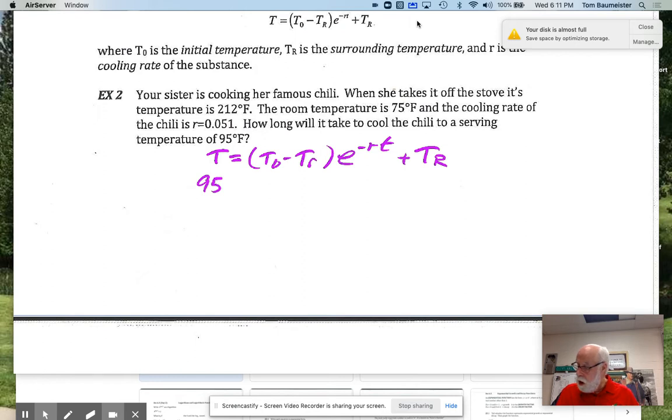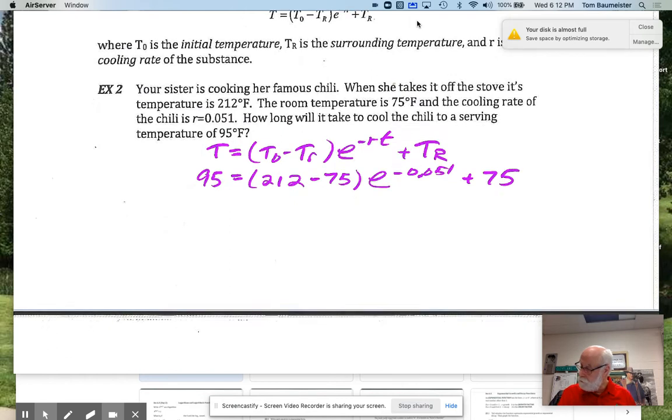Our original or initial temperature is 212 degrees. And then the room temperature is 75 degrees. And then we'll have e. They tell us that our rate is negative 0.051. And our T sub r again was 75.